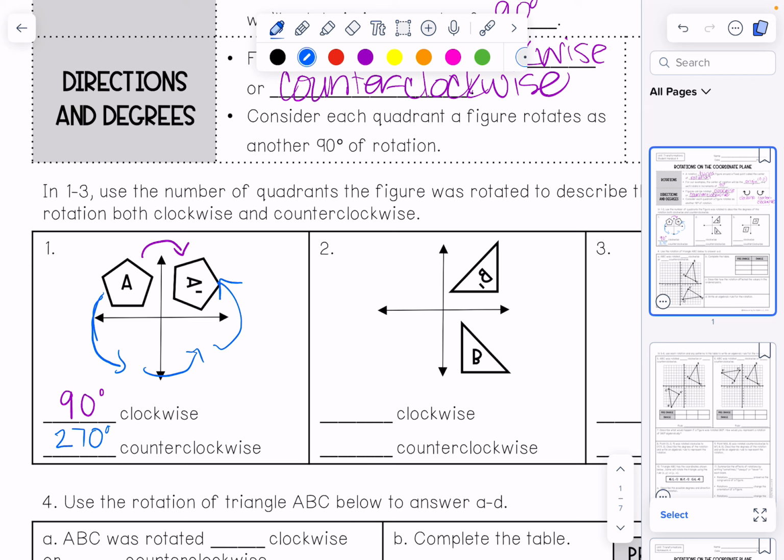Here we're going to start with B and go to B prime. If I'm going counterclockwise, that's a 90-degree rotation. If I go clockwise, I'm moving 3 quadrants over, so this would be 270 degrees clockwise.